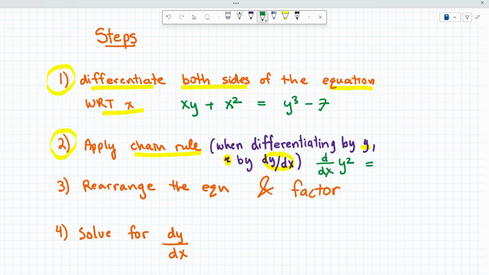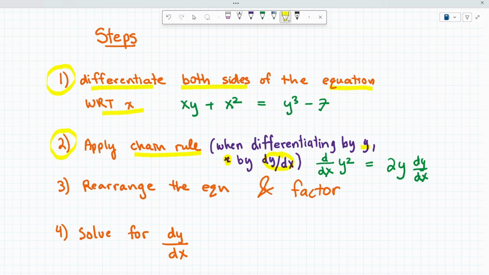We're first going to use the power rule here, so we bring down the 2, so we get 2y. But we can't just stop there, because we're differentiating y with respect to x, so we have to do 2 times y, and then multiplied by dy over dx. That is a product of the chain rule.